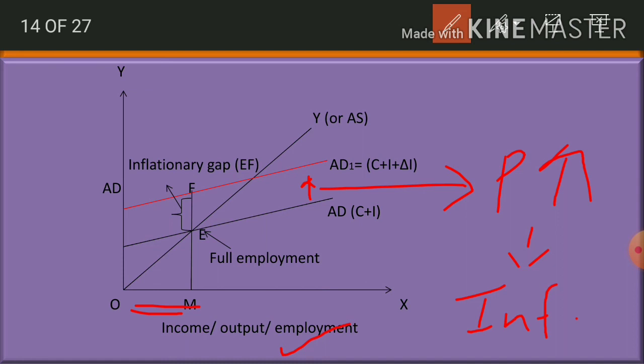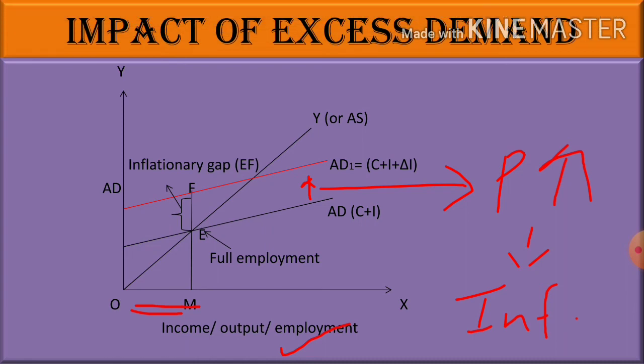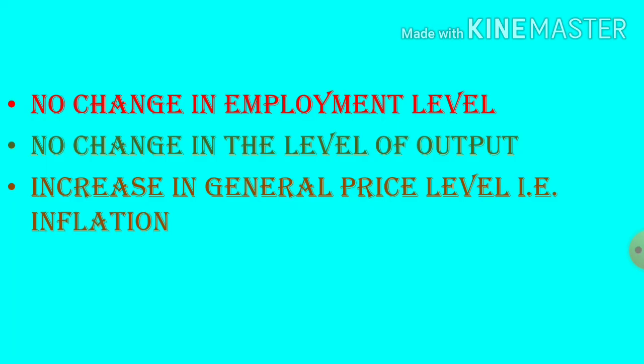So we got here 3 impacts of excess demand. First, there will be no change in employment level. Next, there will be no change in level of output, but there will be increment in the general price level, that is, there will be inflation in the economy.